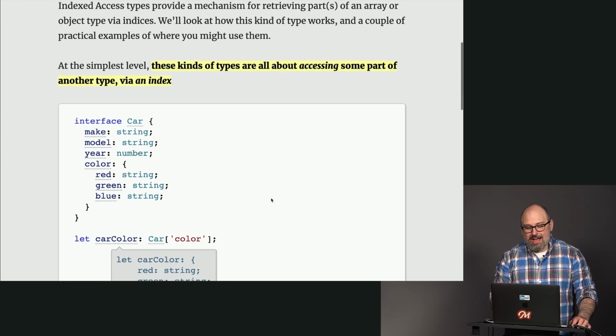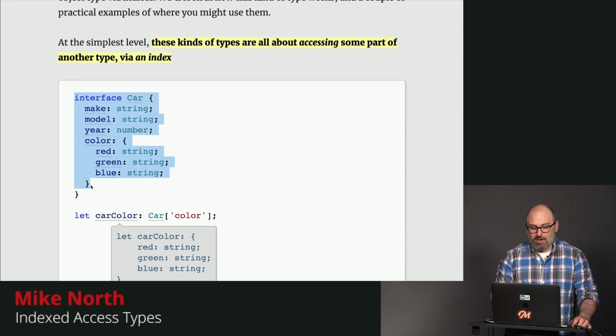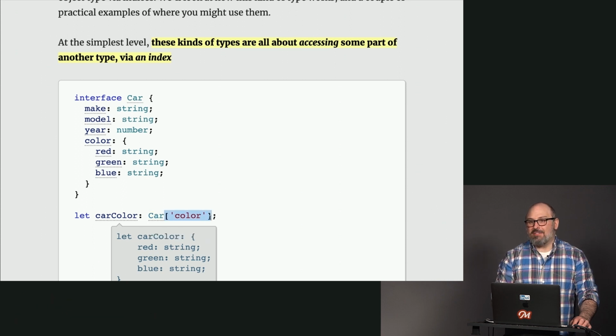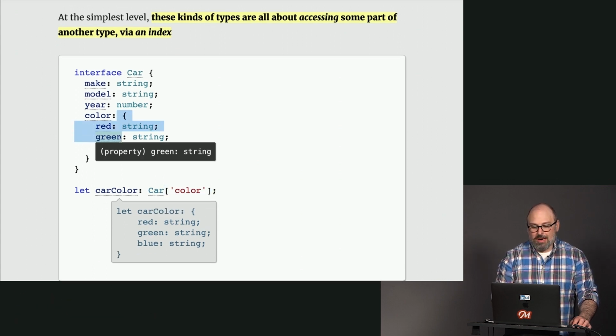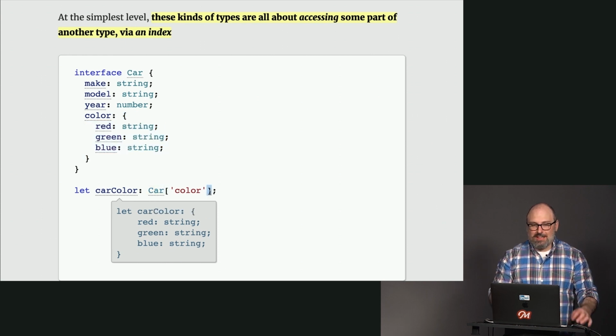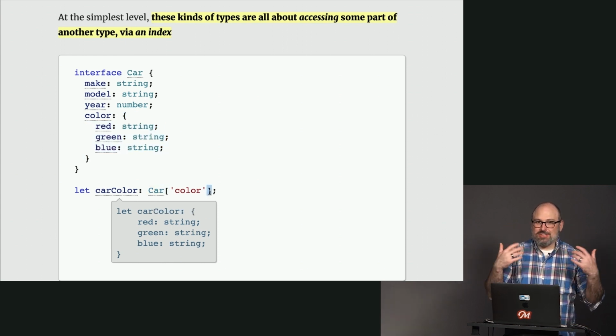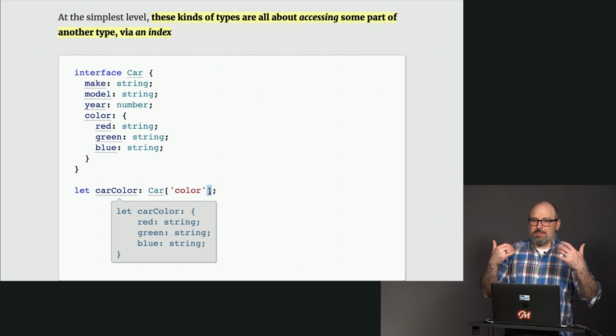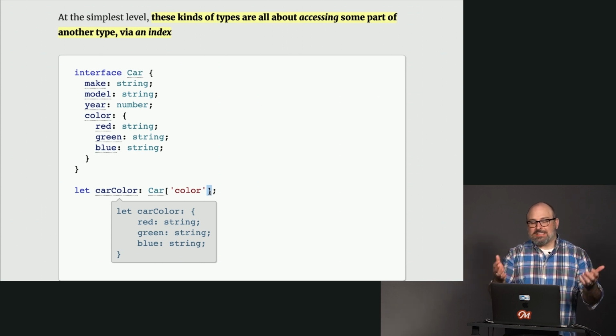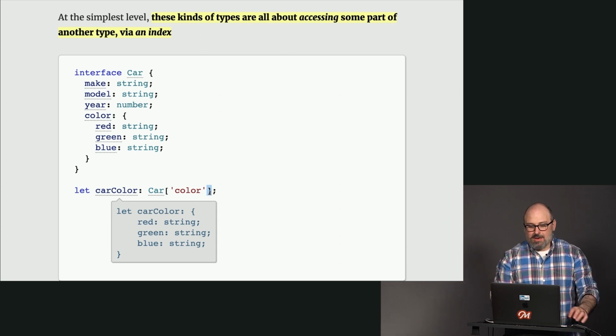So let's imagine we have an interface called car. We can grab just the type of the color property here using what looks like the square bracket access notation for taking something off of a dictionary or accessing an element of an array.